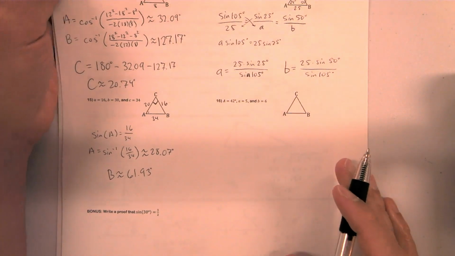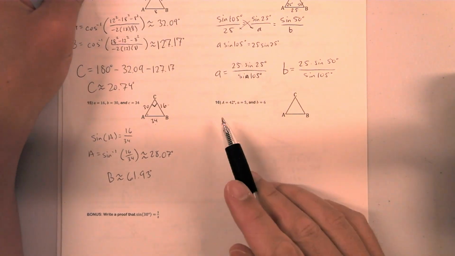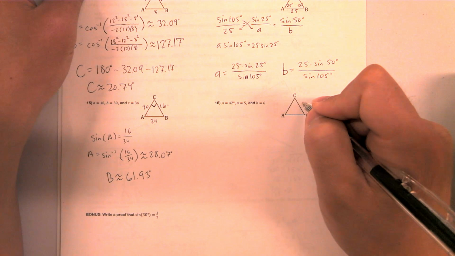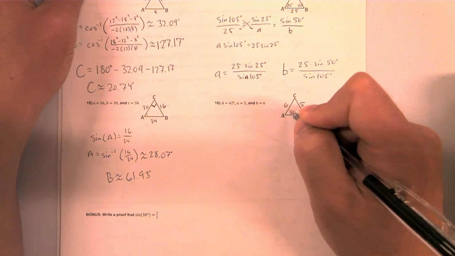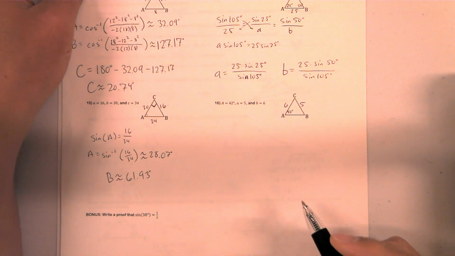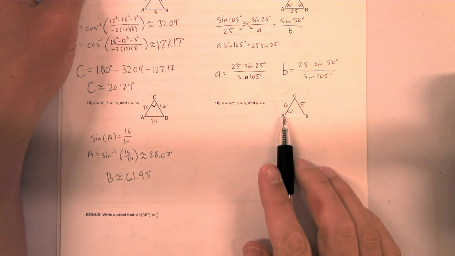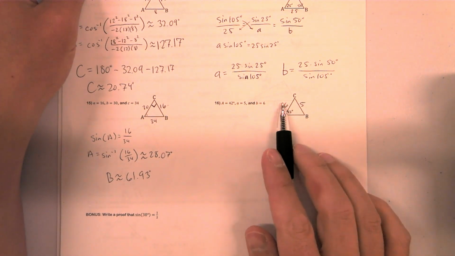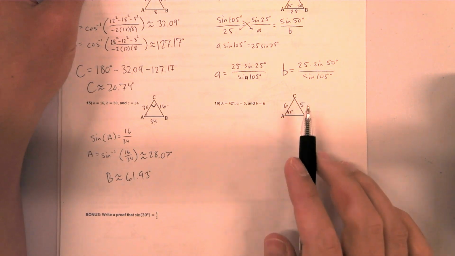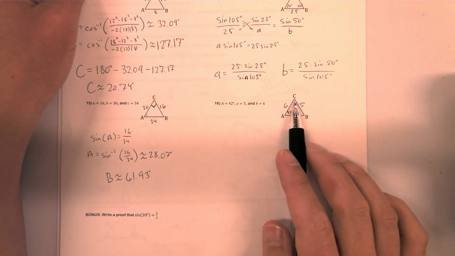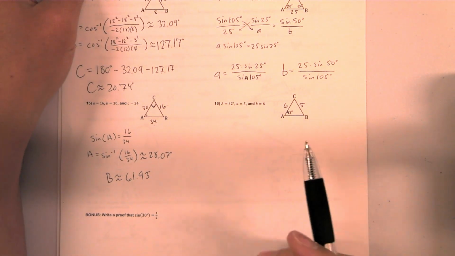Okay, and then for the last question here, we have the angle-side case. That is a triangle where we know an angle that is not between the two sides that we know. Of course, if you know the angle between the two sides you know, then that's a law of cosines situation.